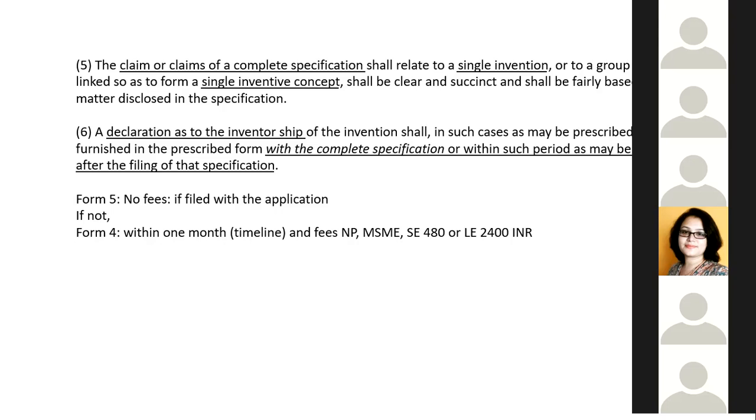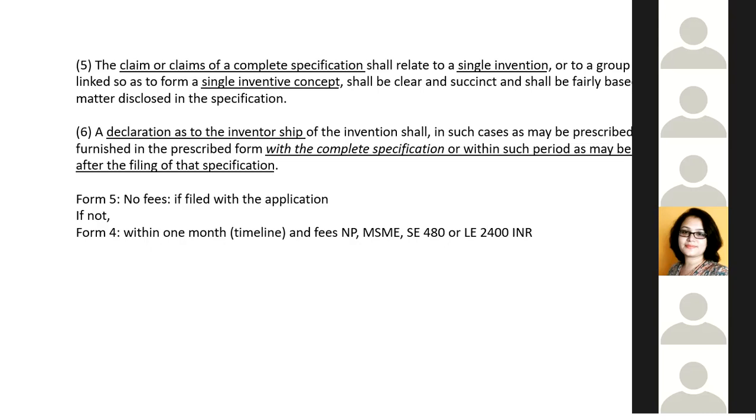Section 6 is stating that the declaration as to the inventorship of the invention shall, in such cases as may be prescribed, be furnished in the prescribed form with the complete specification or within such period as may be prescribed after the filing of that specification. यह है आपका inventorship declaration, that is Form 5, that you have to file with the application.